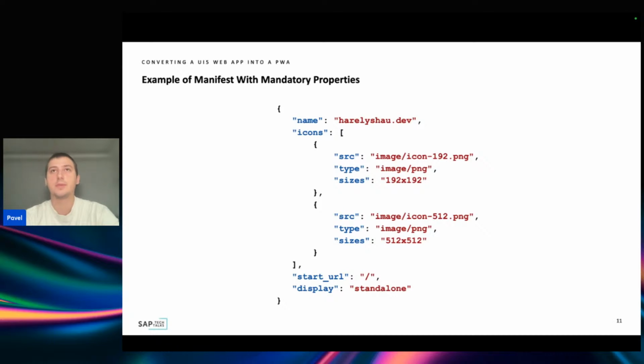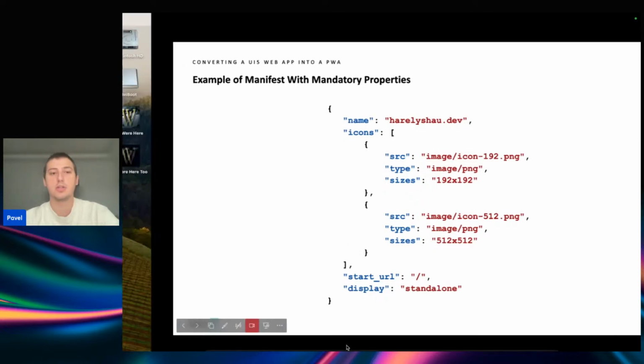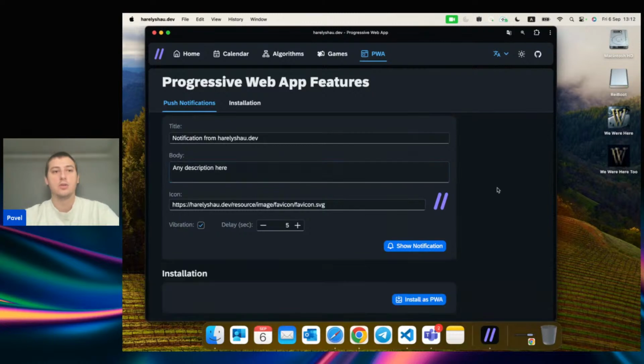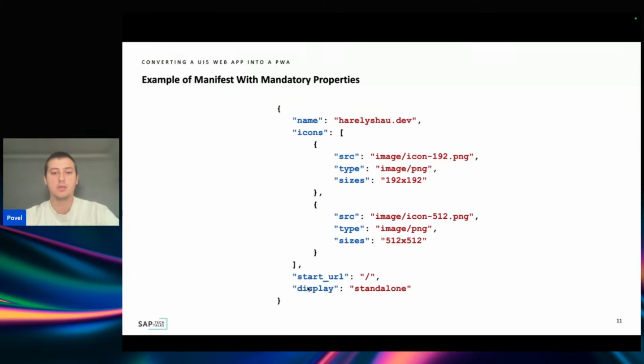For example, if we have some big application with many pages, and one of them is about company, and we want to open it initially, we can just change this parameter and set it up here. Next thing is display. And I provided here standalone. For iOS devices, for example, it's necessary to keep it standalone. Then our application will be shown like here, like standalone. I will close the DevTools for now, and it's coming only because we provided it here.